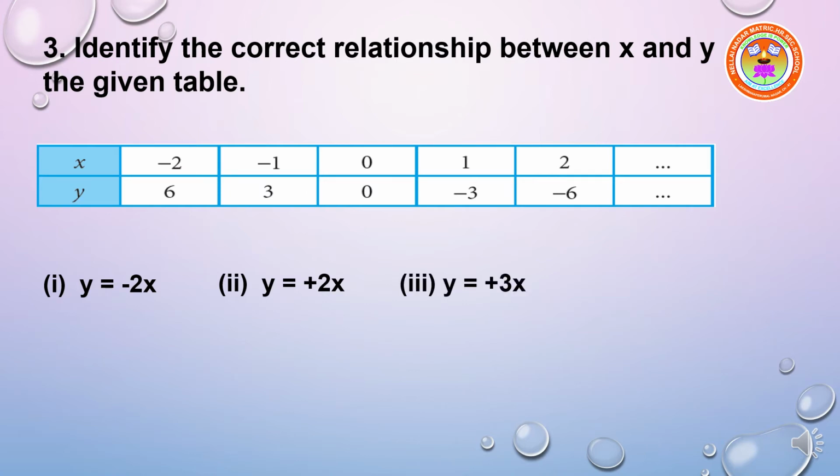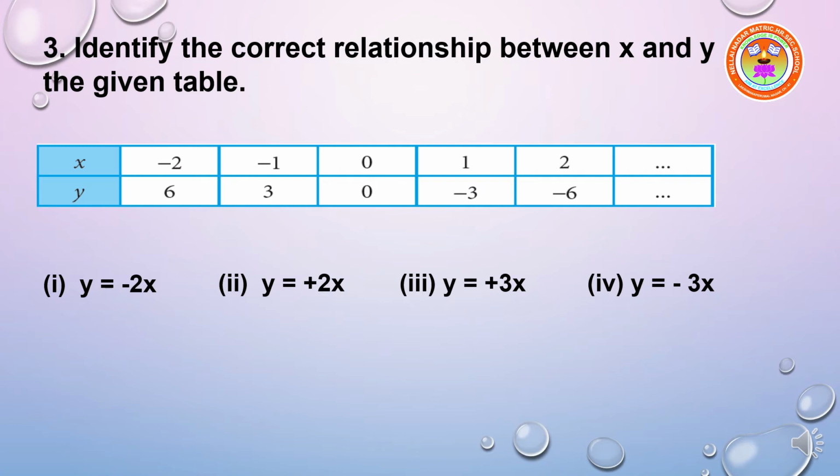Third option, y is equal to plus 3x. And fourth option, y is equal to minus 3x. So, the same step we did for the previous sum. We are going to take the x value, substitute it in the first option, and check whether the corresponding y value is got or not. Yes. So, y is equal to minus 2x.